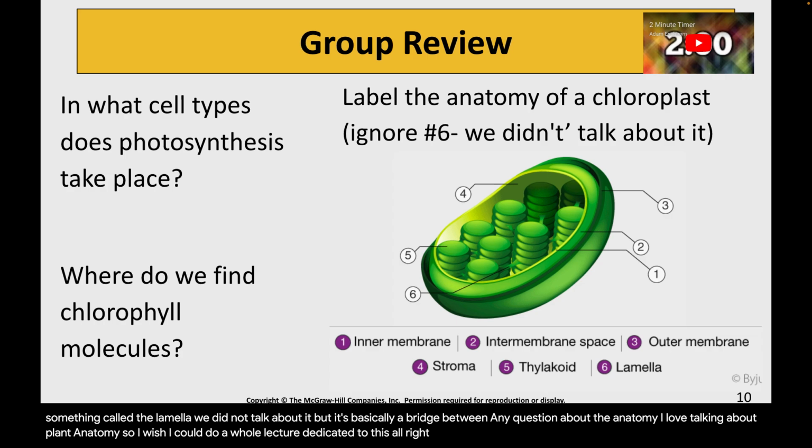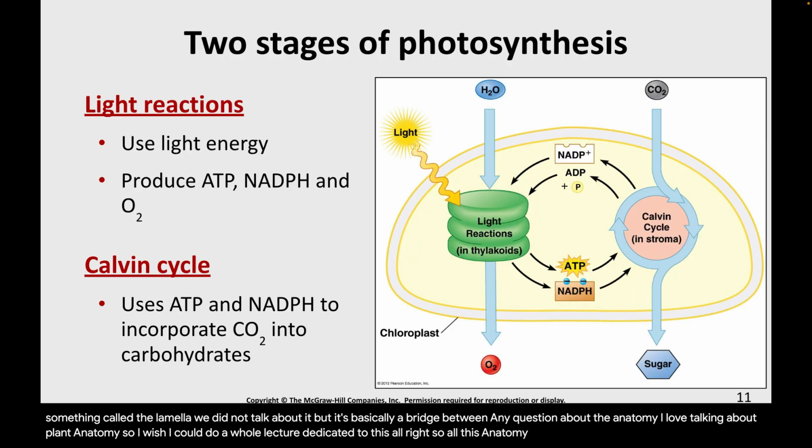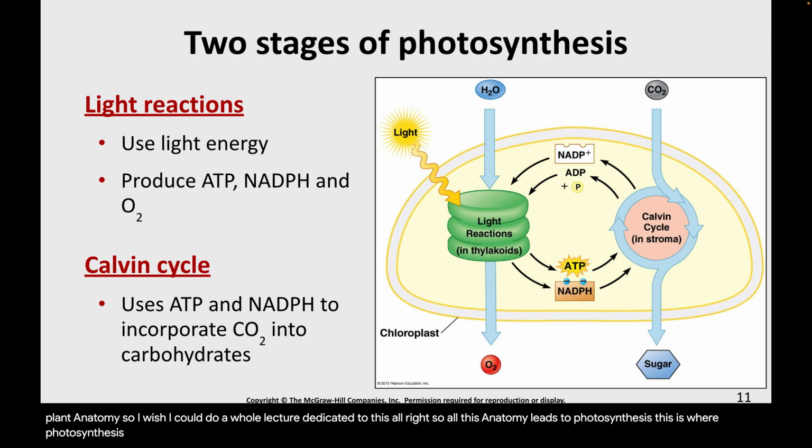All right, so all of this anatomy leads to photosynthesis. This is where photosynthesis is taking place. Photosynthesis can be broken down into 2 stages. Just like cellular respiration was broken down into 4 stages, photosynthesis is broken down into 2.